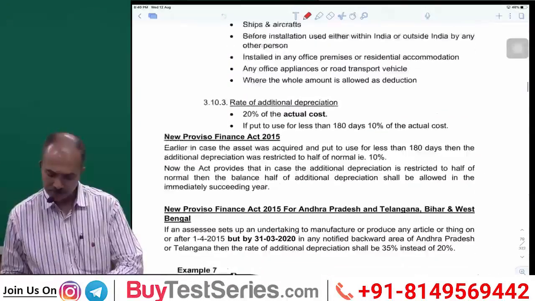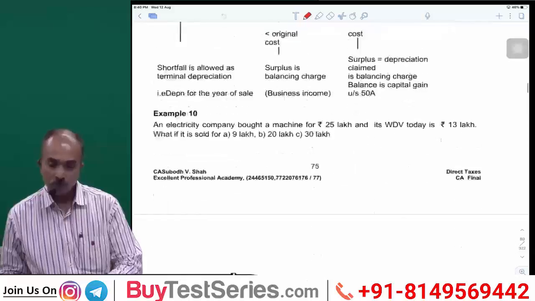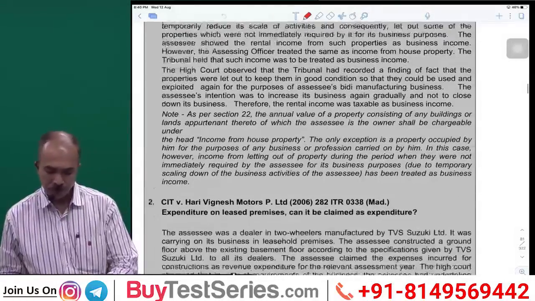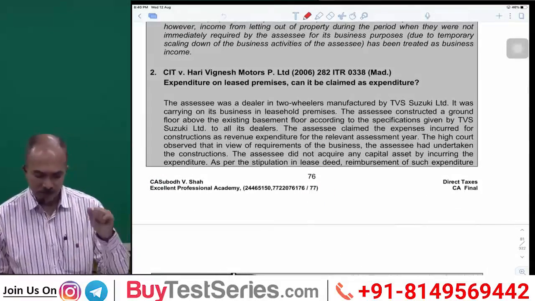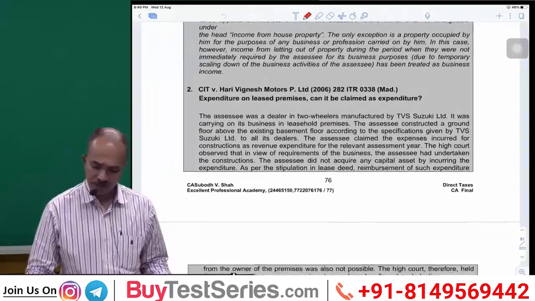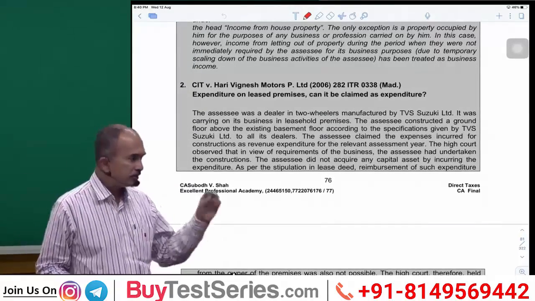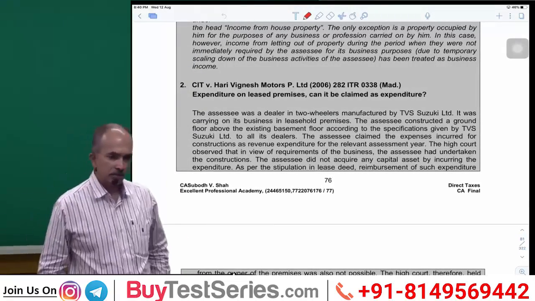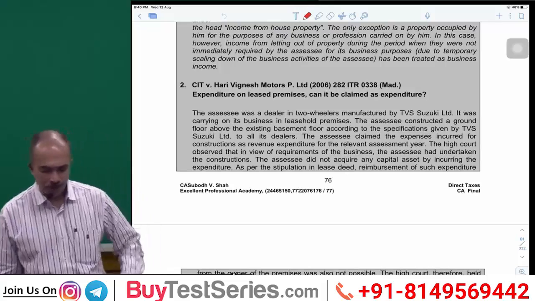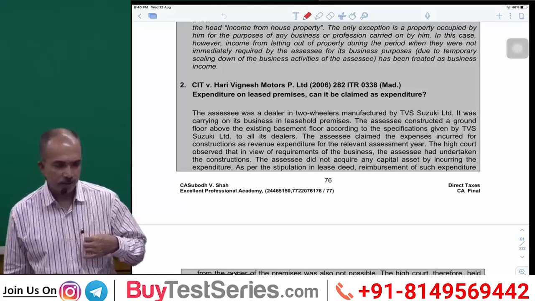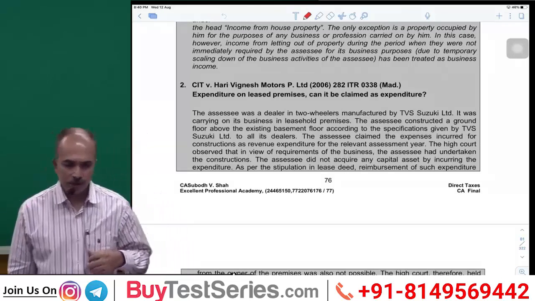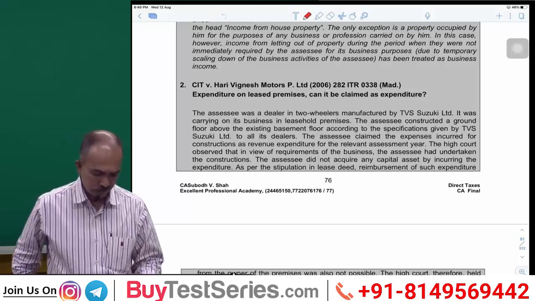The assessee was a distributor, a dealer of TVS Suzuki motorcycles. So TVS Suzuki की dealership थी इनके पास two wheelers की. Hari Vignesh Motors were told by Suzuki that you have to have your own showroom. Fine.